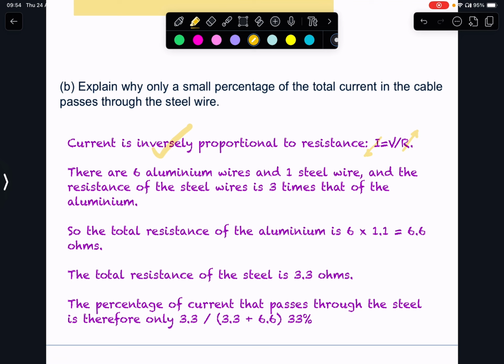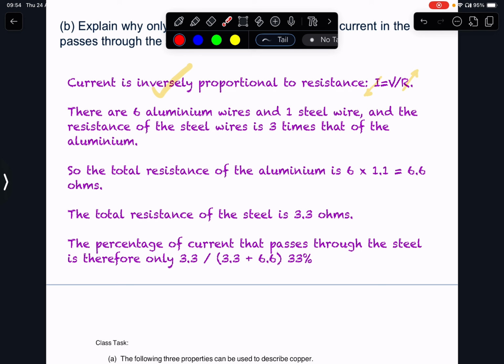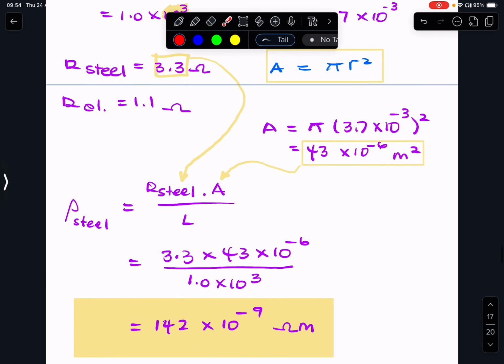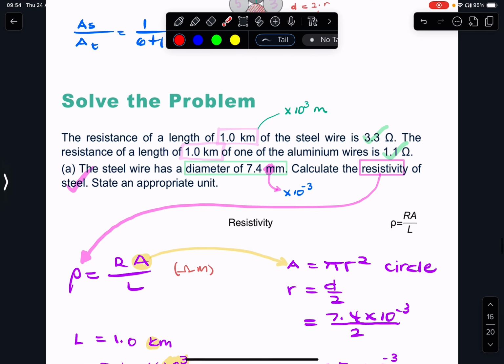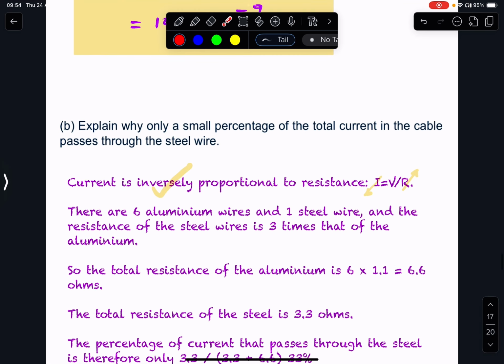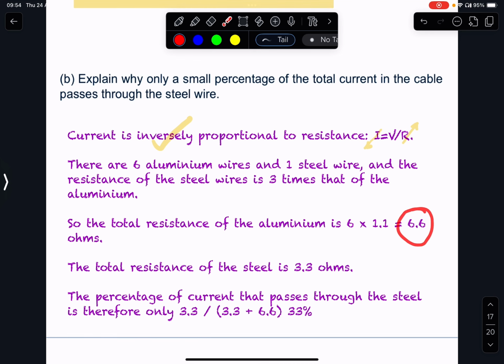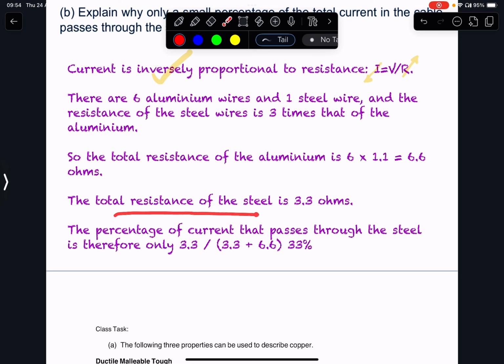And we have 6 aluminium wires for 1 steel, and the resistance of the steel wire is 3 times that of the aluminium. So the total resistance of the aluminium will be 6 times 1.1, because each of the aluminium wires is 1.1. So 6 multiplied by 1.1 is 6.6 ohms. That's the aluminium. The resistance of the steel is 3.3.